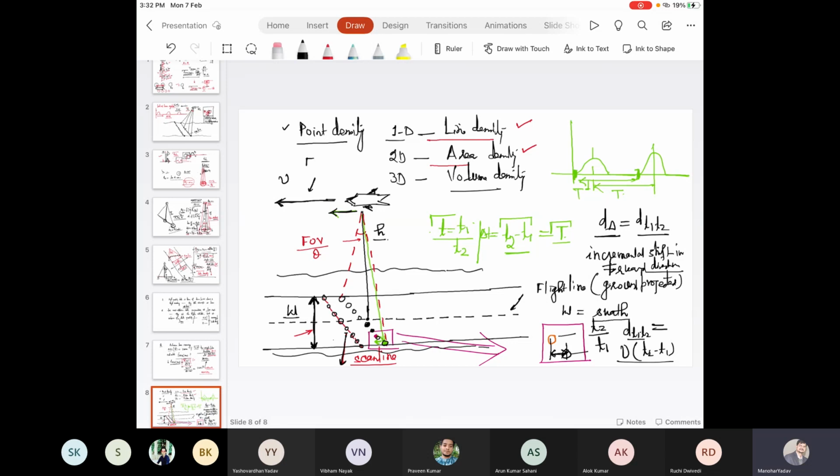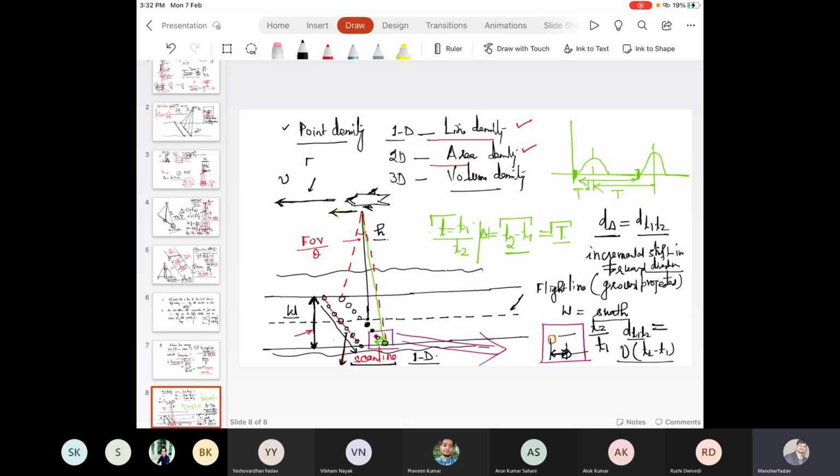Here you can notice that the way laser beams are hitting the ground, they are across the flight line along a particular line. So one density we can calculate along the scan line, and it's a 1D density, the line density.